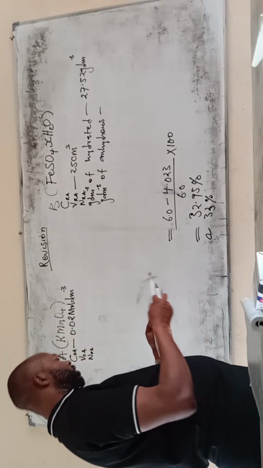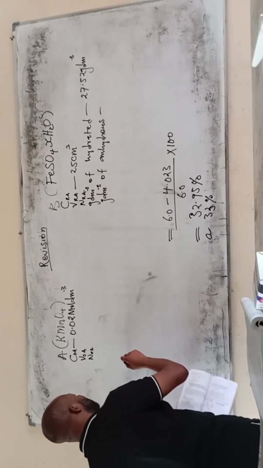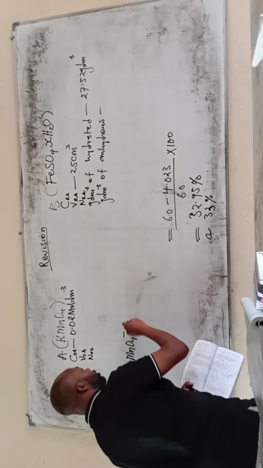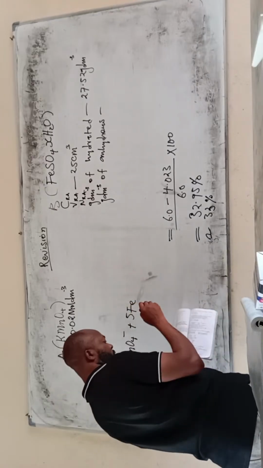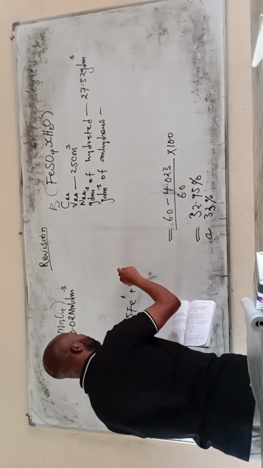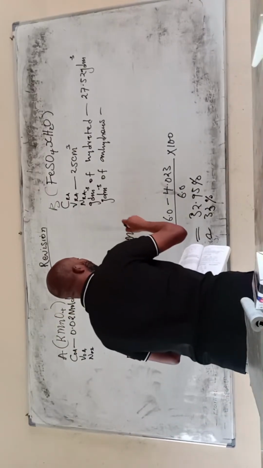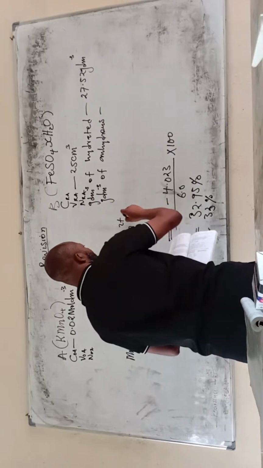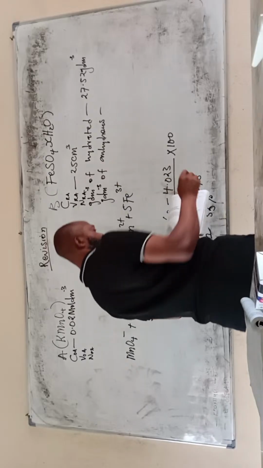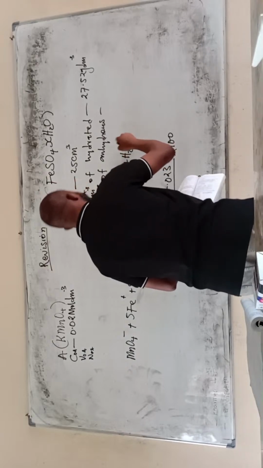Let's see the balanced equation. The balanced equation is given here: MnO4⁻ + 5Fe²⁺ + 8H⁺ gives us Mn²⁺ + 5Fe³⁺ + 4 moles of water.